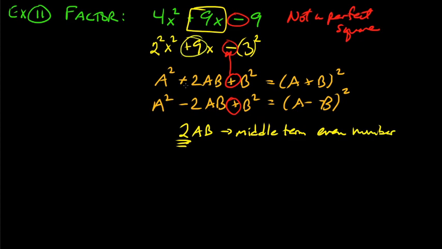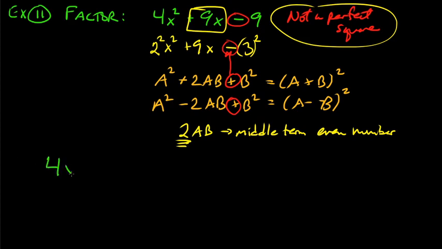And 9 is an odd number. 9 is not even. So that's another way to tell that this was not a perfect square. Okay? So again, a little tricky there. If you tried to factor it as a perfect square, it's not going to work. So that leaves us with the AC method again.